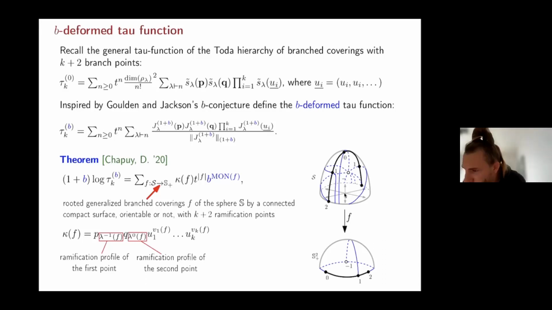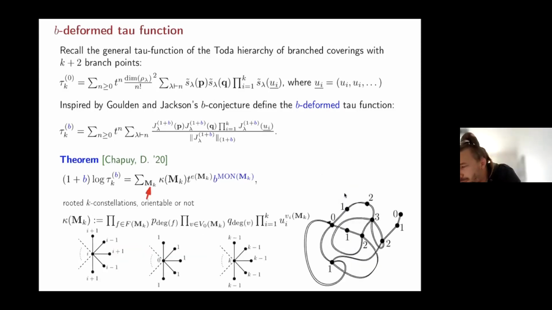Then you have all these parameters, infinitely many p's, infinitely many q's, which tell you the geometry of your first two branching points. And then you have other variables which tell you the number of points in the pre-image.